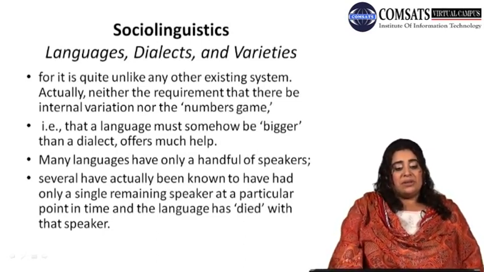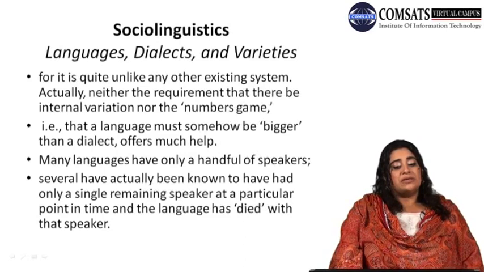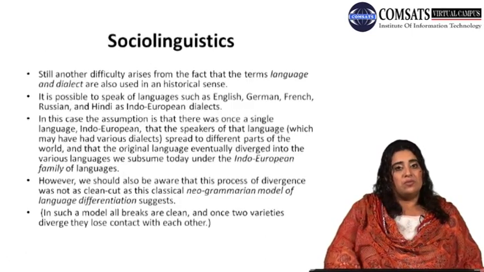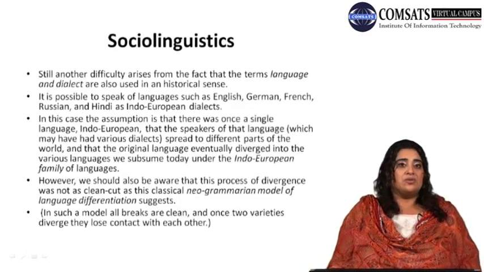So when we say that a language died with its last speaker, that means that a language is going on in a community, and suddenly people stop speaking that language and move to different languages, and that language would be considered a dead language.